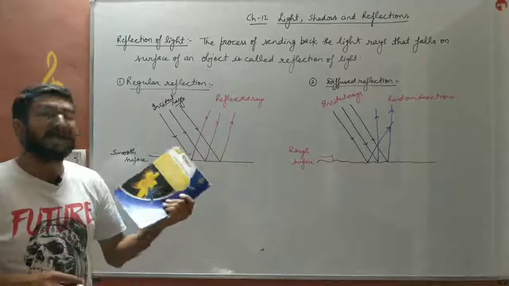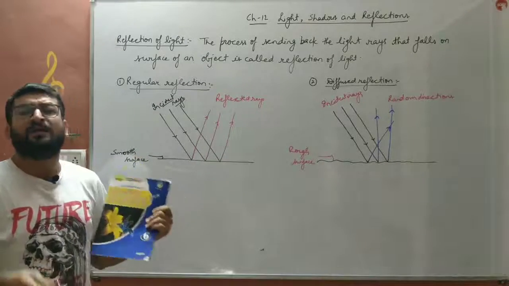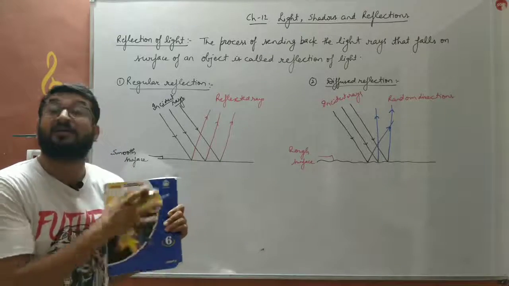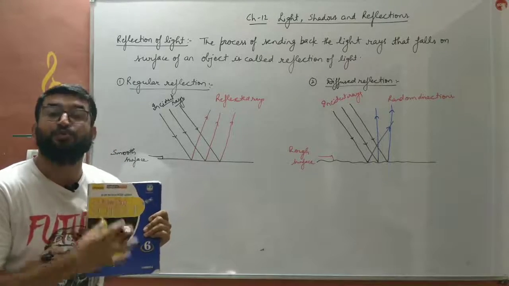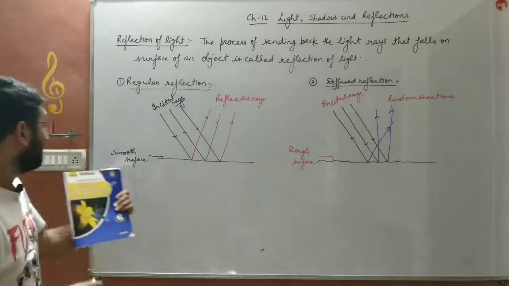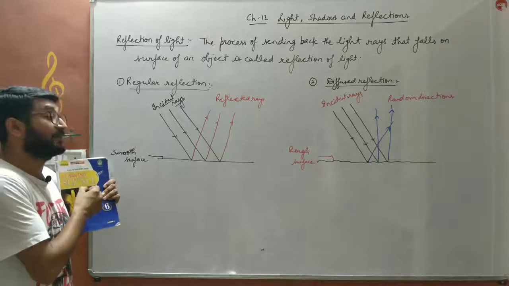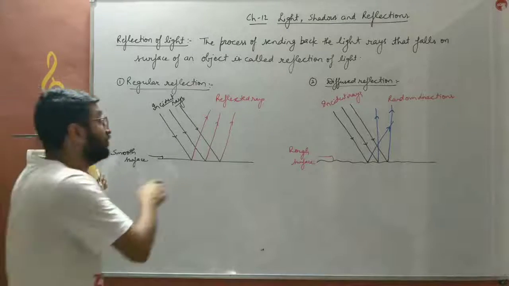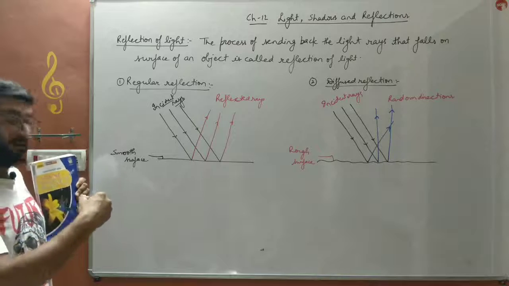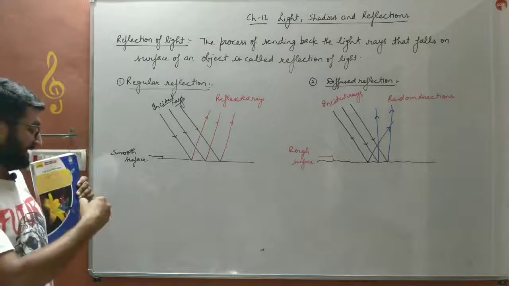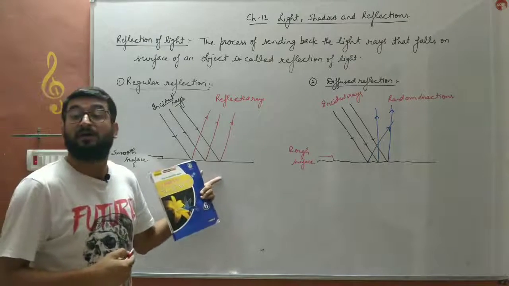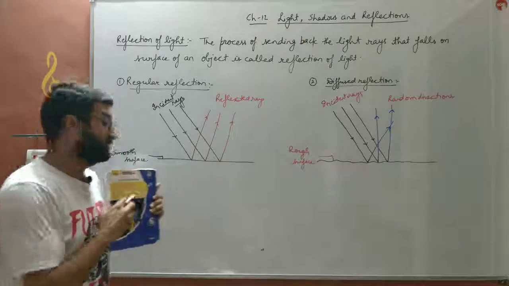Now I have a book in my hand. We'll now see by an activity that this book is a rough surface and it does not reflect the light properly. बच्चे जब मेरे हाथ में मिरर था और मैं लाइट यहाँ पर डाल रहा था बच्चे, तो that light was reflected on this surface. But when I now shine this laser light on this book, there is no reflection of this light formed.